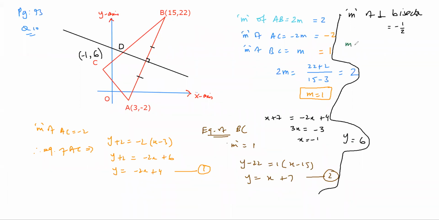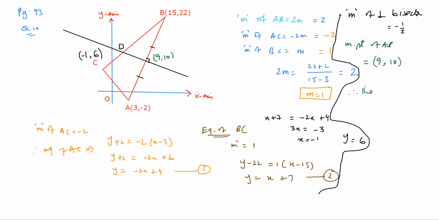So the midpoint of AB, that is 15 plus 3 over 2, that is 9. 22 minus 2 over 2 is going to be 10. This is the midpoint, this is 9, 10. Now we can write the equation.